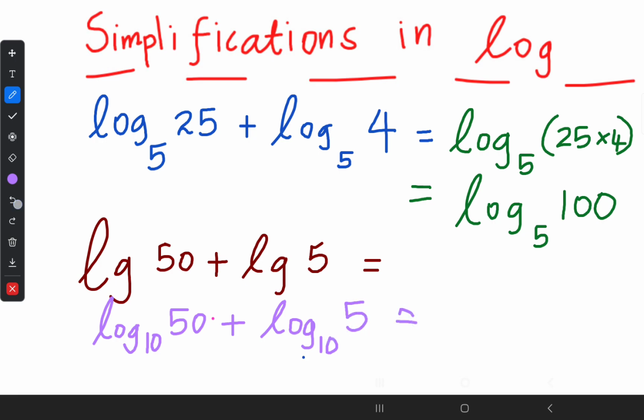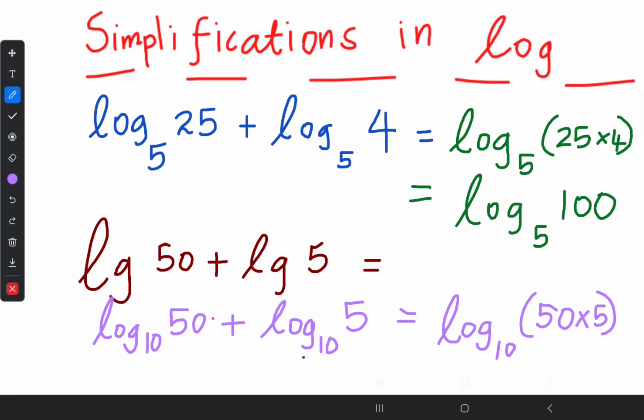I told you that in logarithmic notation, if there is an addition, that will become a multiplication. The base is the same, log base 10. There are two individual terms, 50 plus 5, and we cannot operate it as 55. So in logarithmic notation, the addition will become a multiplication, 50 times 5.